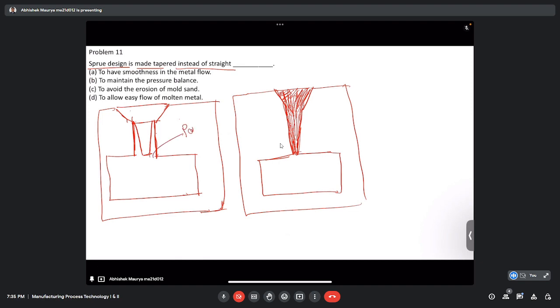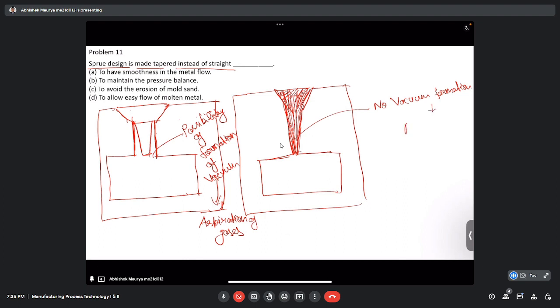Here there is a possibility of formation of vacuum, that will lead to the aspiration of gases. Here no vacuum formation, no aspiration, and therefore no contamination of molten metal.